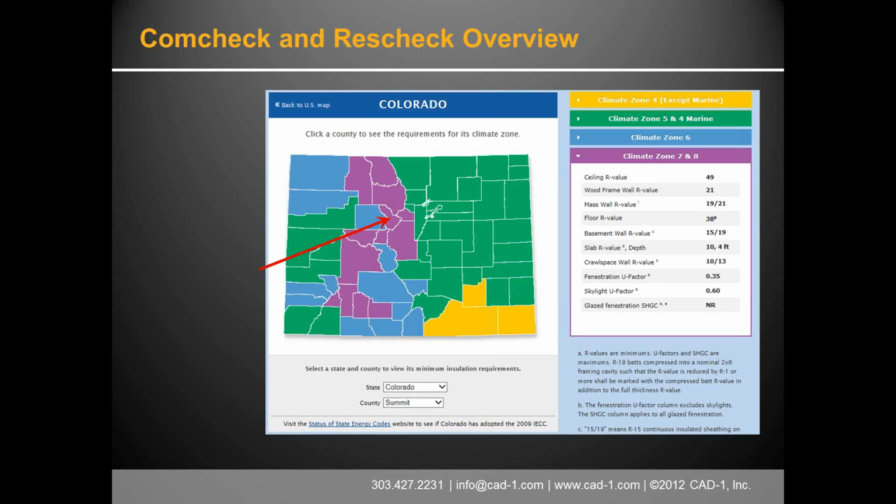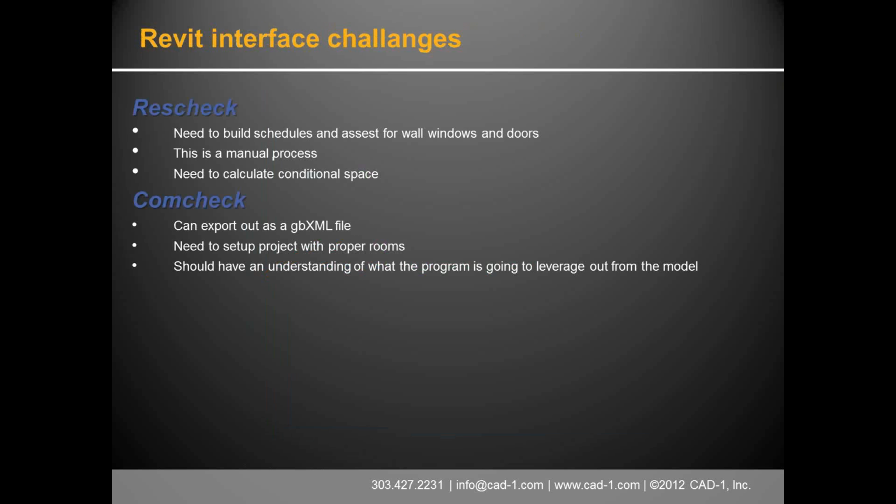You can start deducing what you would need to do in Revit to set your model up correctly as we go along, and we'll show you a little bit more of that in a bit. By the way, this will be recorded and on our YouTube channel probably sometime next week or the following week. It takes a few days to get up there.